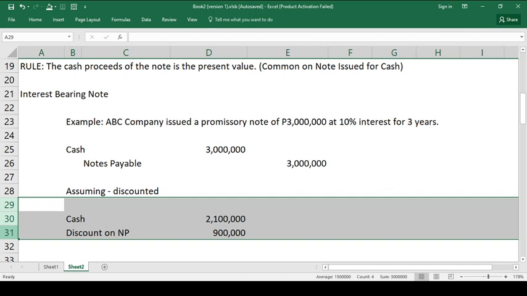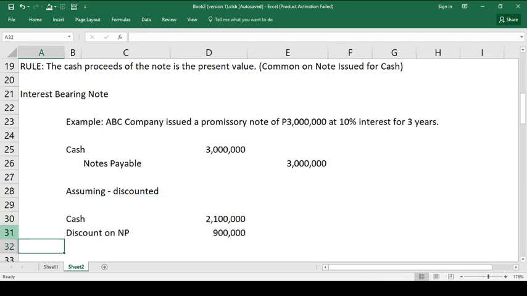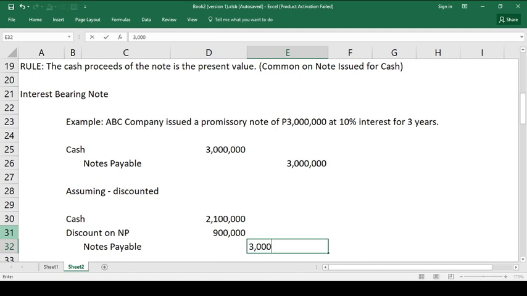So kaya we recognize that advance payment of interest as a discount on notes payable. Dini-discount lang natin yan because later on, once we pay interest, dun po natin i-charge yon. Okay? So that would be credit to notes payable. Yung notes payable mo pa rin is at value of 3 million pesos.